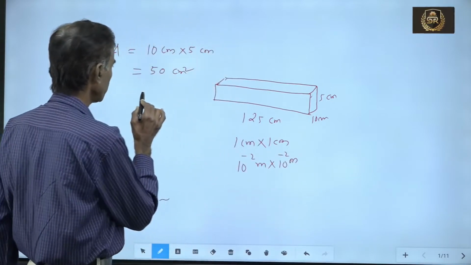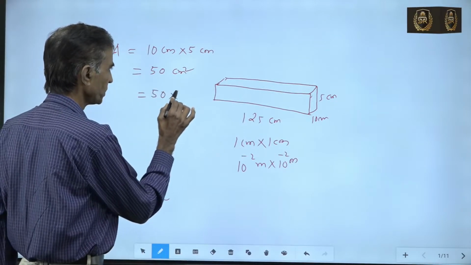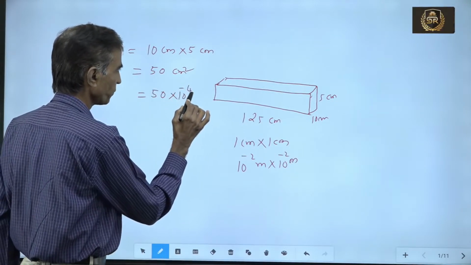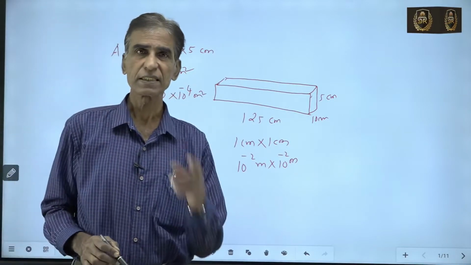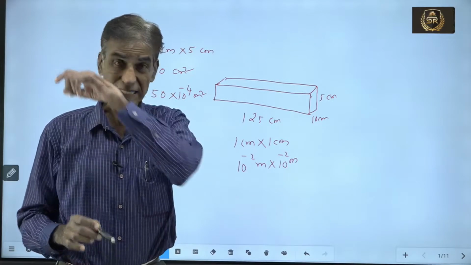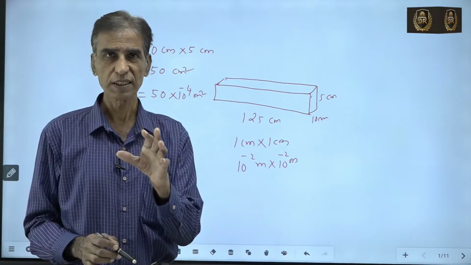So this will be equal to 50 into 10 power minus 4 meter square. Unit consistency is very important. Until you get practiced and become very fast, you should be very, very careful about the units.